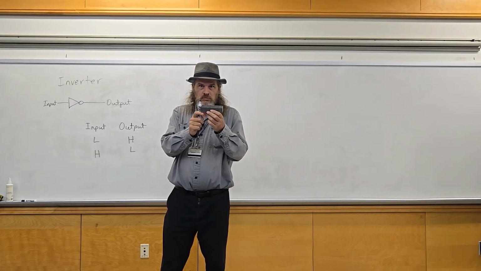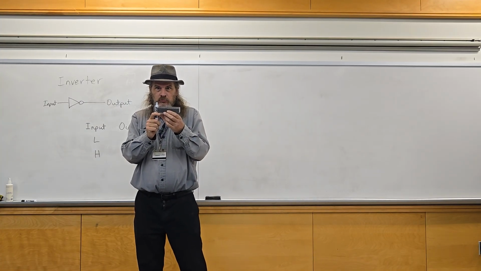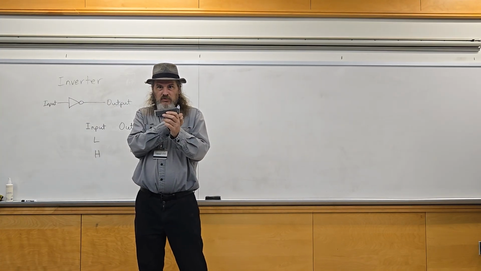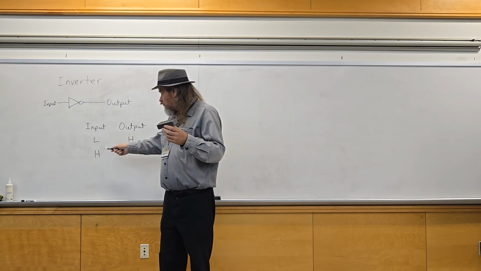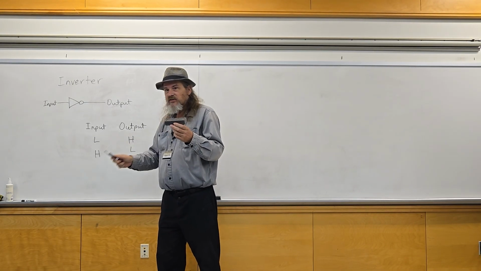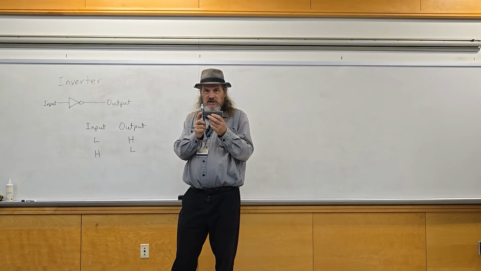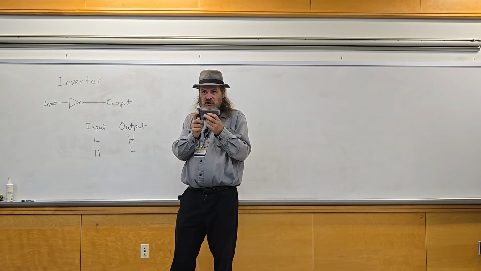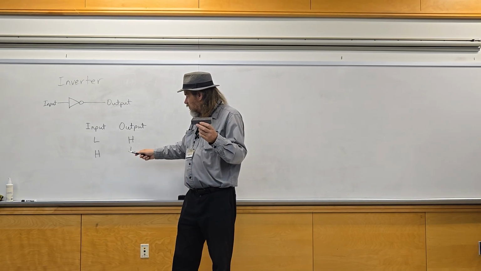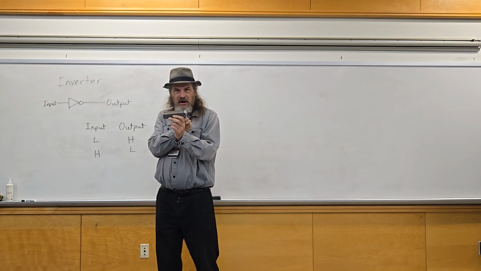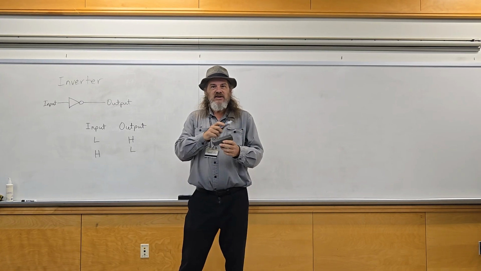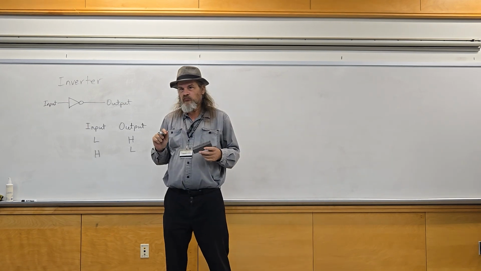You have the plus terminal, you have the minus terminal. Being high is being connected to the plus side of the battery. Low is being connected to the minus side of the battery. Off is connected to neither.